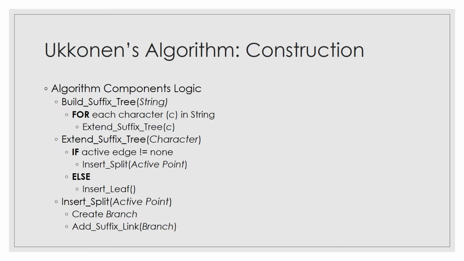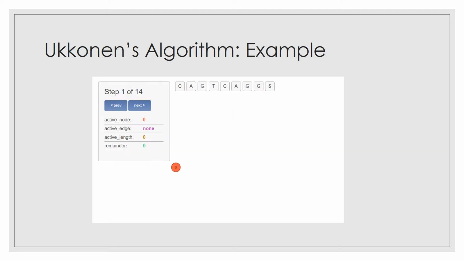Alright, let's go over the steps of Ukkonen's algorithm with an example. I decided to keep the original example we used earlier with C A G T C A G G. This has the termination character, but I'm not going to go that deep.